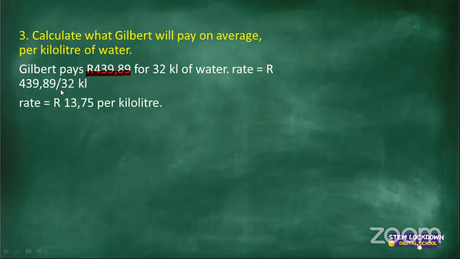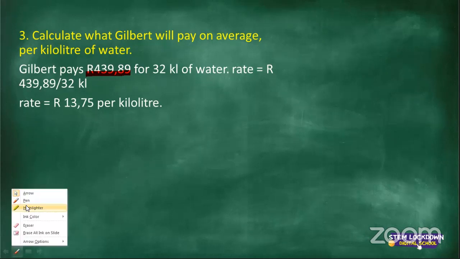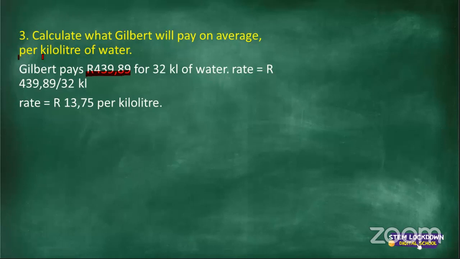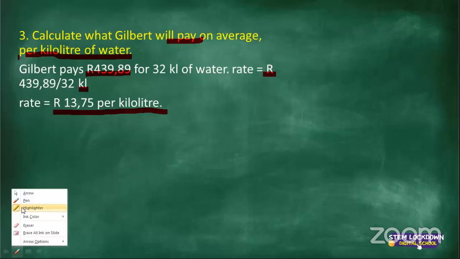They said on average per kiloliter of water, so that means it's rands per kiloliter. That's why it is 439 rand 89 cents divided by 32 kiloliters. You divide those two and your final answer is he would pay 13 rand 79 cents per kiloliter. That's what he is paying.